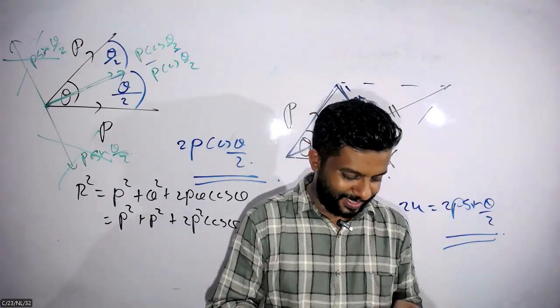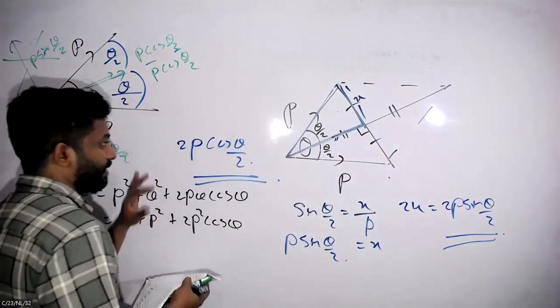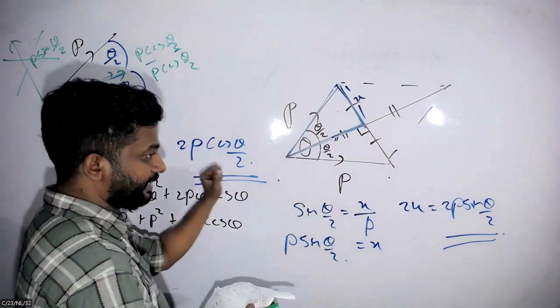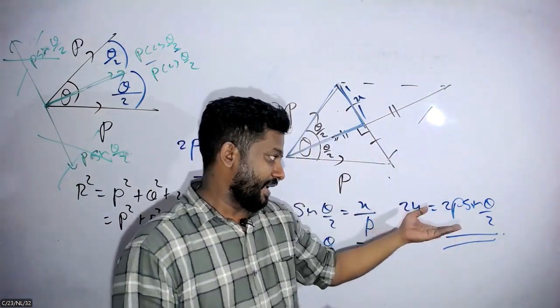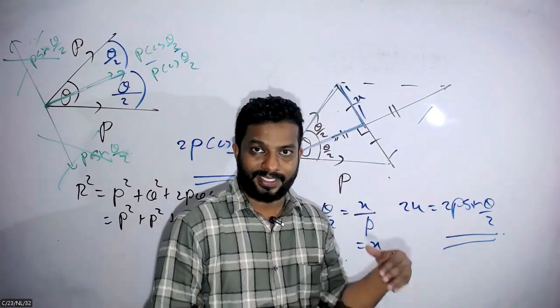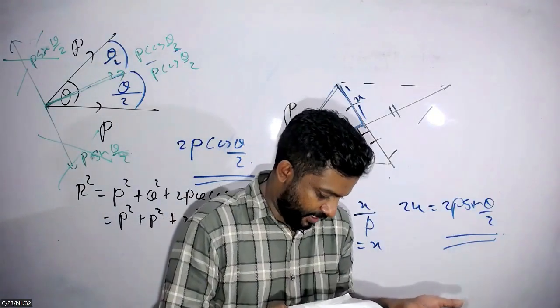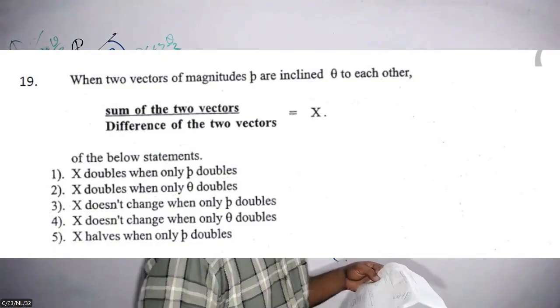Right, by using these two expressions, the expression for the addition of the two vectors and the expression for the difference of the two vectors, you can answer the 19th one.